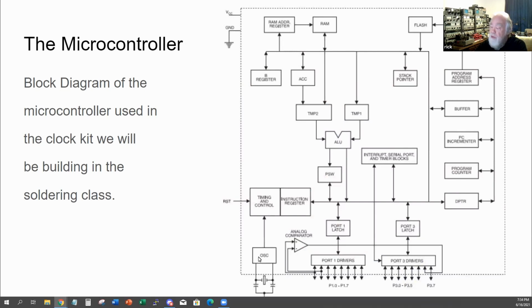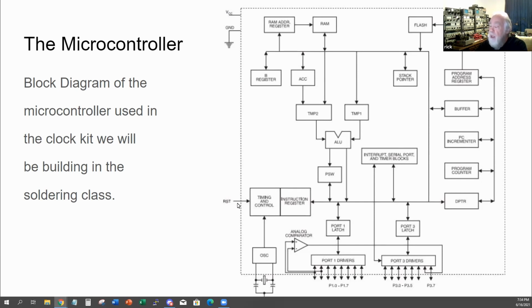First of all, we have something called an oscillator, and that generates a sine wave or a square wave of alternating current, and that's used to synchronize all the functions in the clock, and it actually vibrates at 12 million cycles per second.